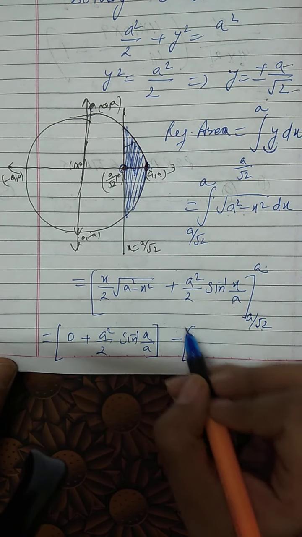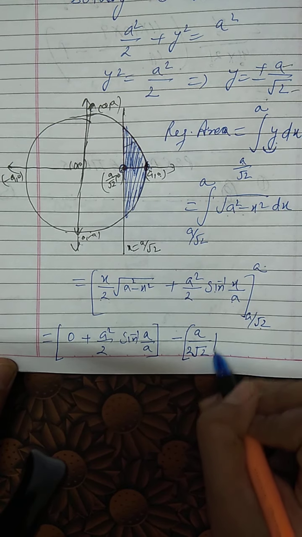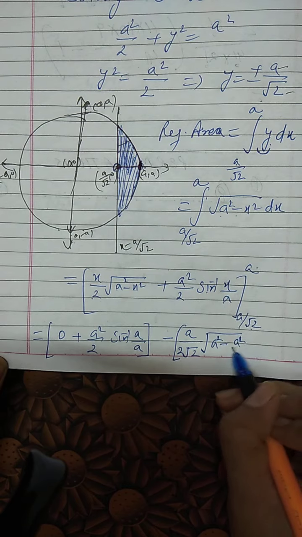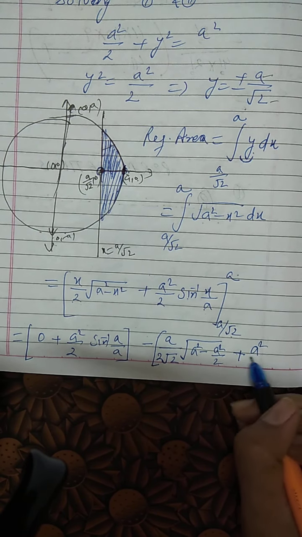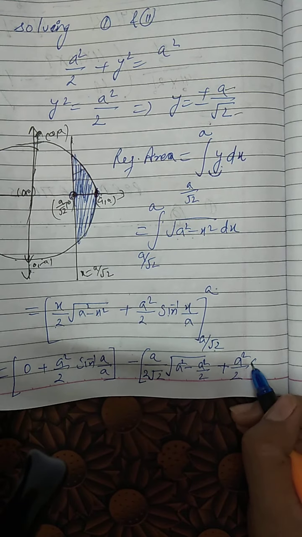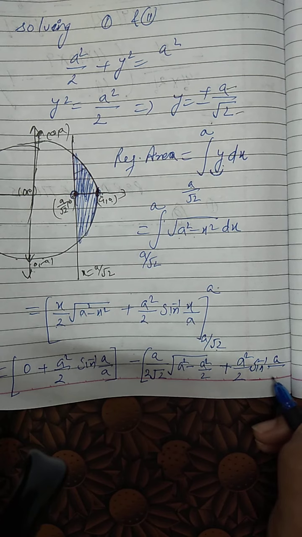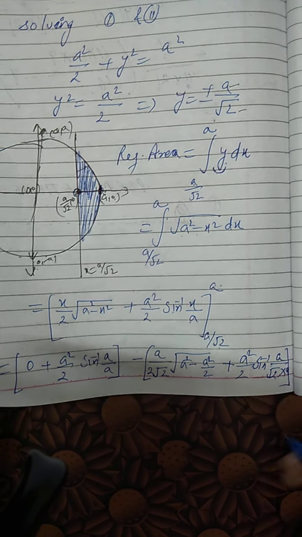It will be a divided by root 2. So here it will come a divided by 2 root 2 into the square root of a square minus a square by 2, plus a square by 2 sine inverse a divided by root 2 into a.